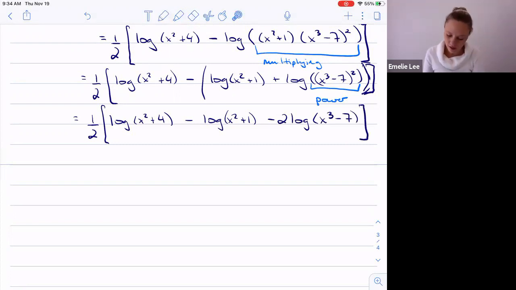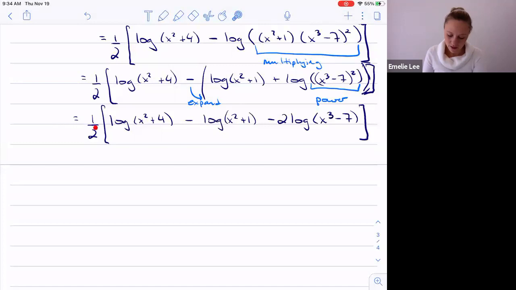Right? I brought that power of 2 down in front. Okay, and I also expanded, and I'll make a note of that. That negative has to expand inside.